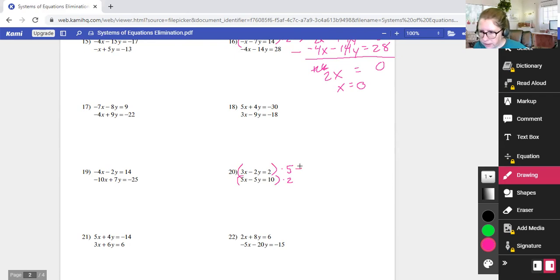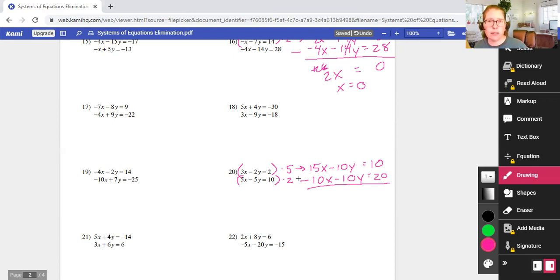Okay, and so my new values are 15x minus 10y equals 10, and 10x minus 10y equals 20. All right, once again, got my negatives right here. So I'm going to subtract one from the other.